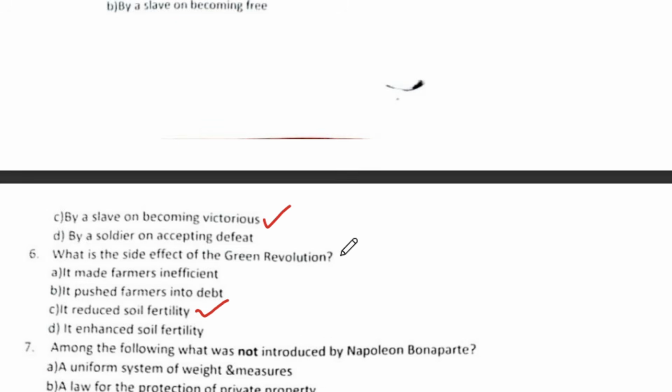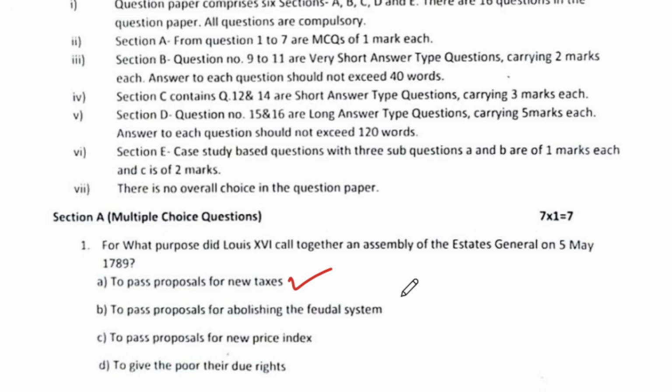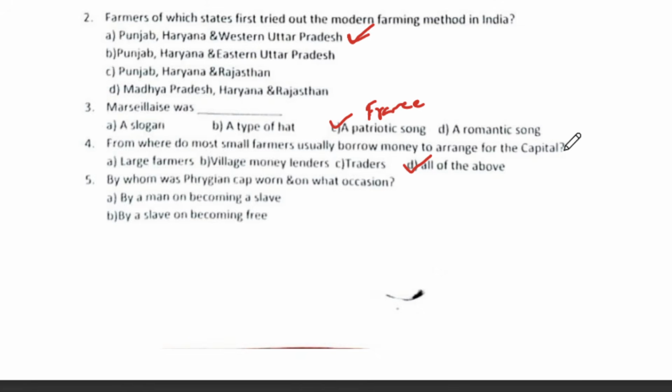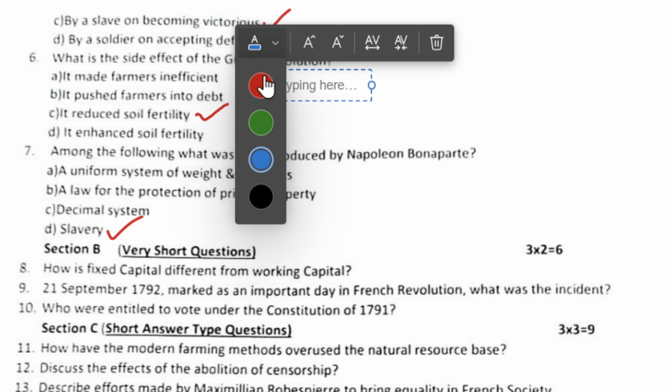Okay, now we have 7 questions. So here, questions 1 to 7 are MCQ questions, each 1 mark. So 7 into 1, we are going to get 7 marks. Okay. So next is, how is fixed capital different from working capital? I will write the answer here, students, so that you can copy it out.